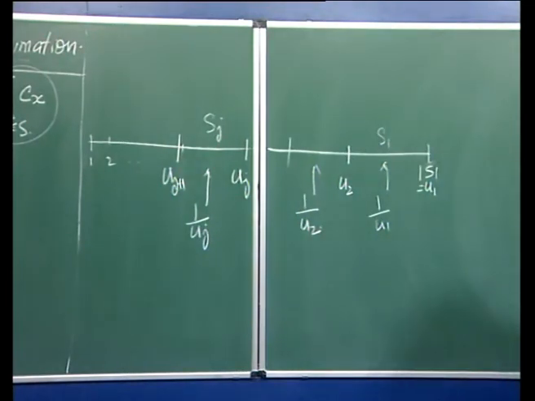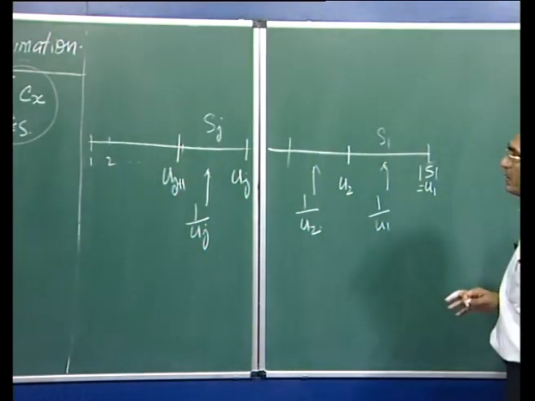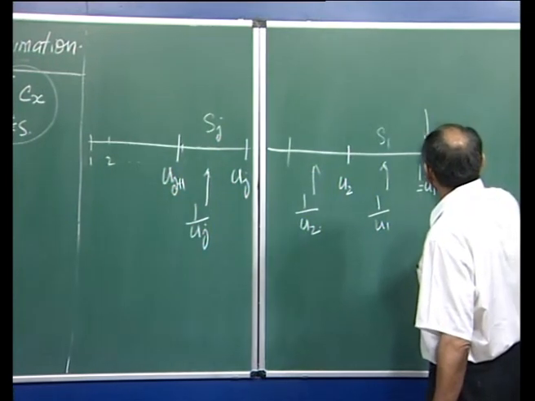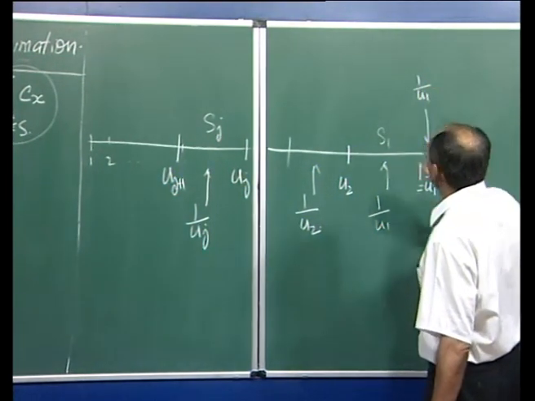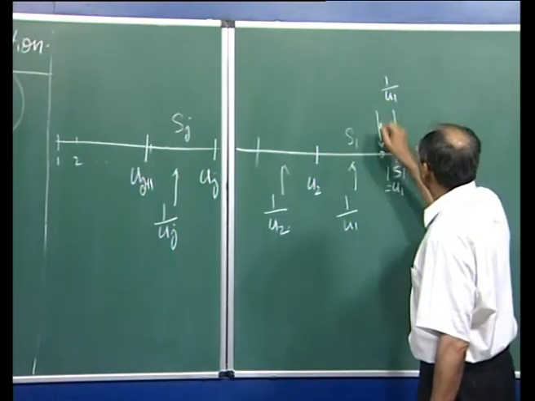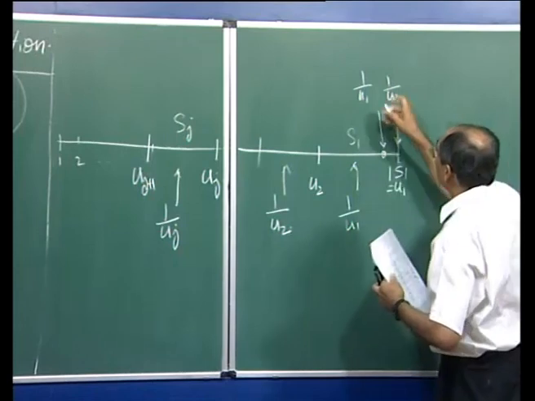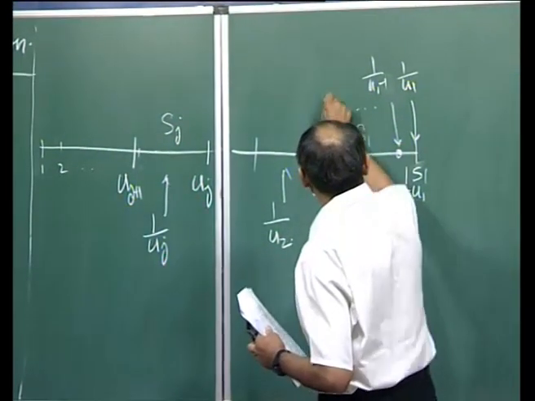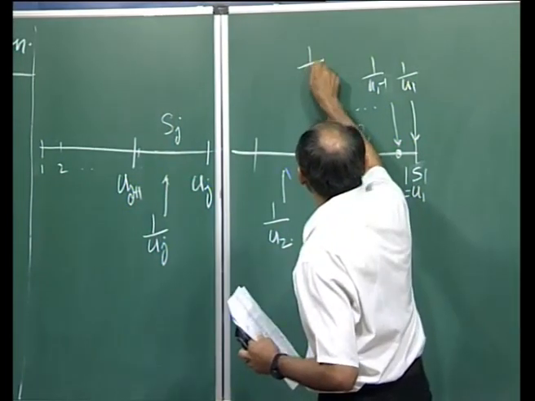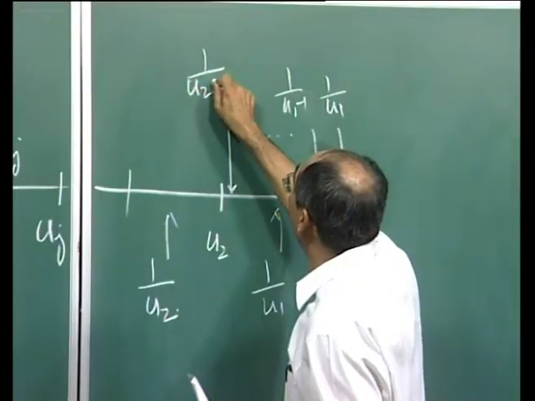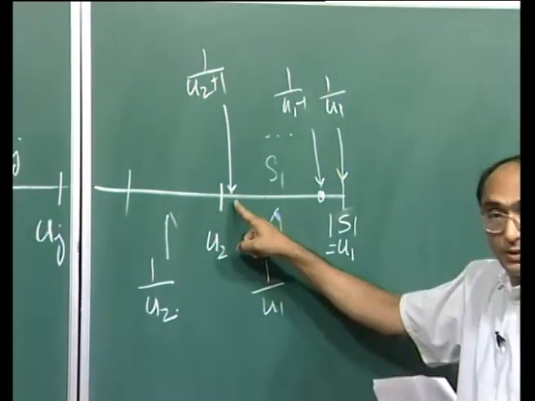We are looking for an upper bound for this, so we will modify the charges as follows. We will charge for this 1 over U1, for this 1 over U1 minus 1 and so on, and for the last of this it will be 1 over U2 plus 1, because after U2 this was the element.